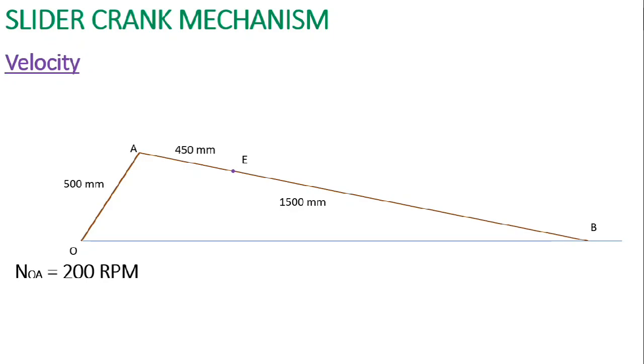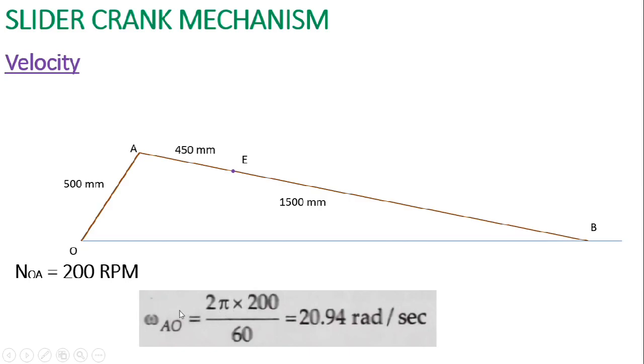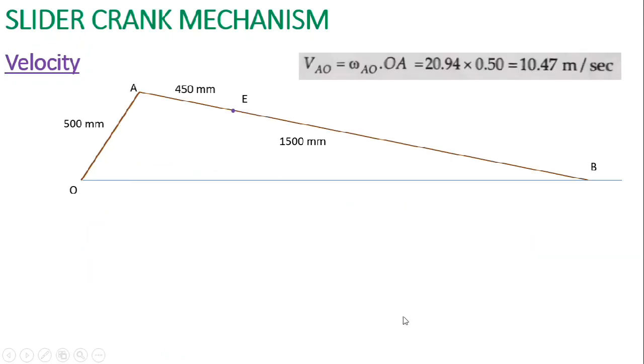It is given that the crank OA rotates at 200 rpm. So I denote NOA as 200 rpm. Omega AO, that is the angular velocity of the crank AO, is given by 2 pi into NOA divided by 60, which is 2 pi into 200 divided by 60, which comes to 20.94 radians per second.